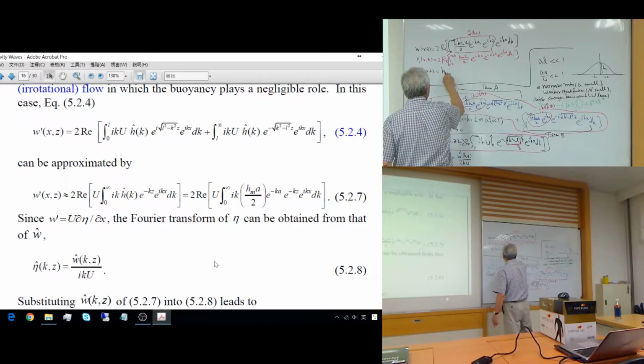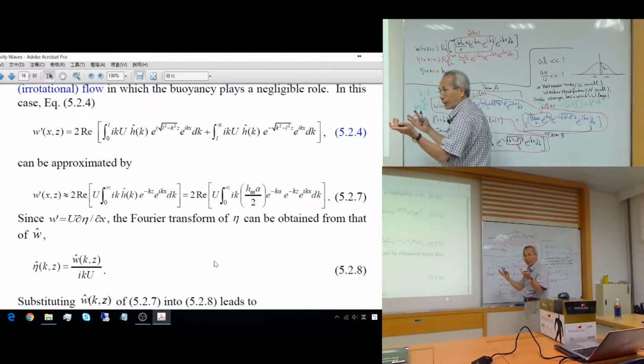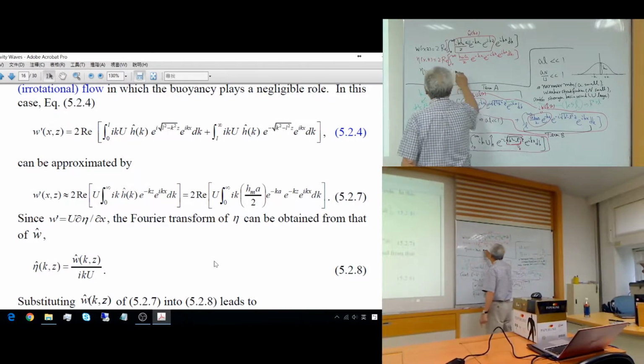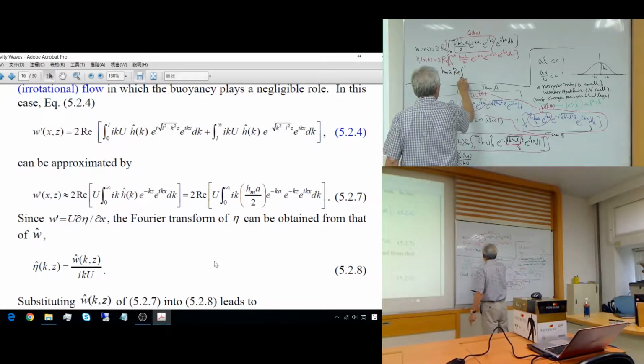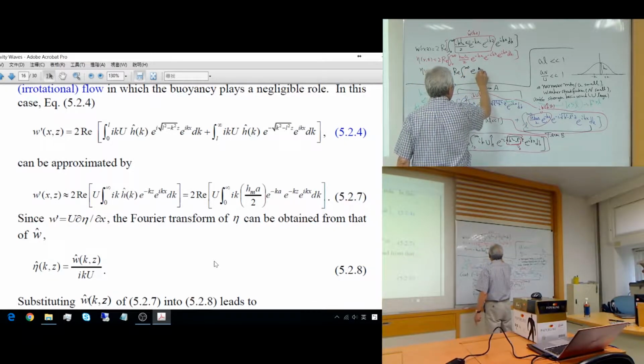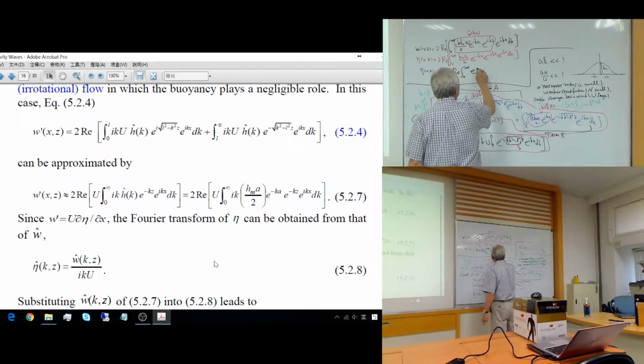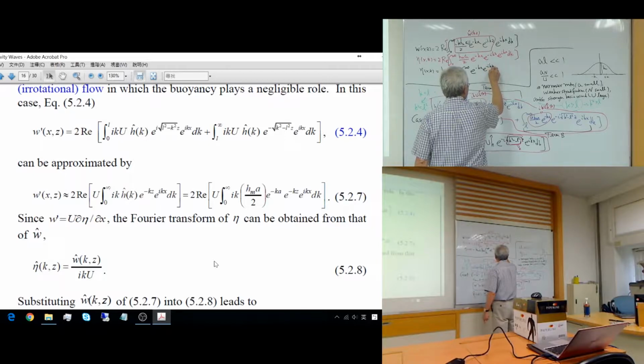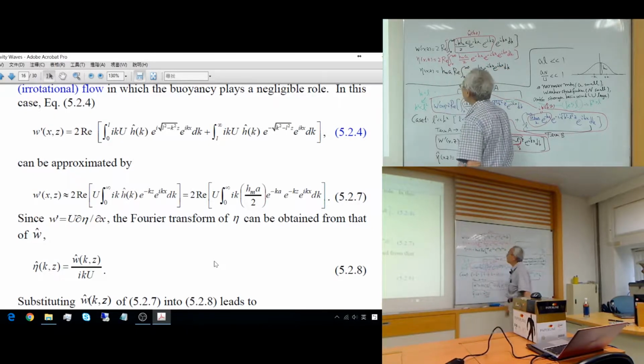We have hm a, because they are real numbers, so we can pull it out. Then we have the real part of 0 to infinity e to the minus ka e to the minus ikg e to the ikx dk.